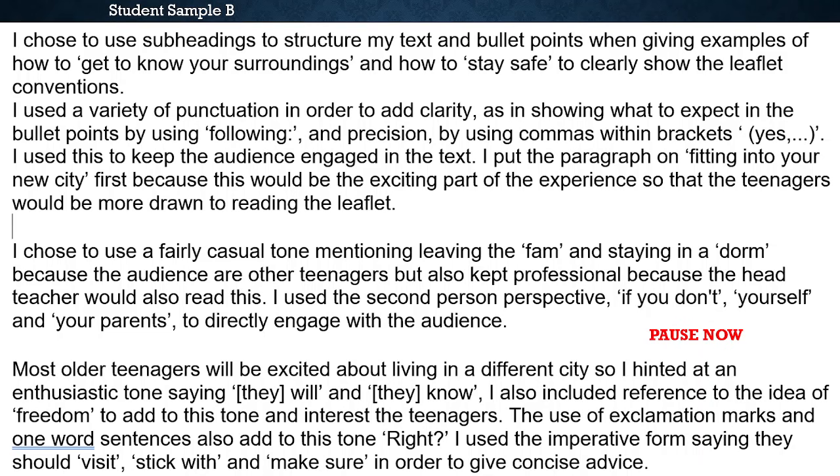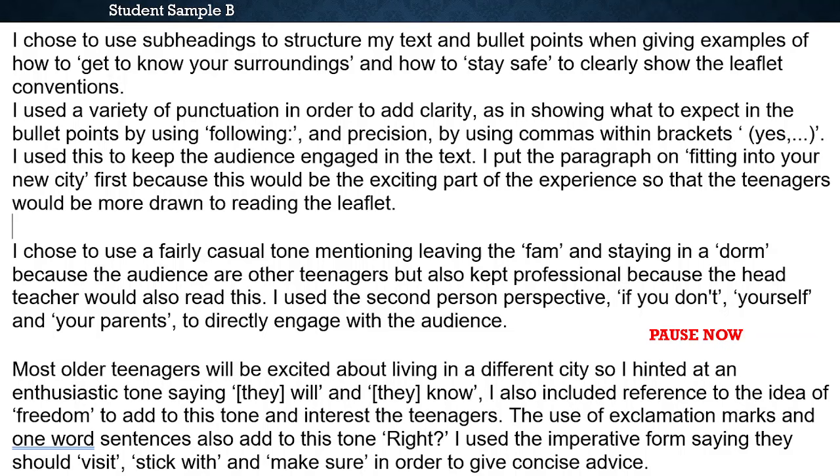This is the reflective commentary. I chose to use subheadings to structure my text and bullet points when giving examples of how to get to know your surroundings and how to stay safe, to clearly show the leaflet conventions, key conventions. I used a variety of punctuation in order to add clarity. Now you'll notice the student doesn't necessarily quote the punctuation here.